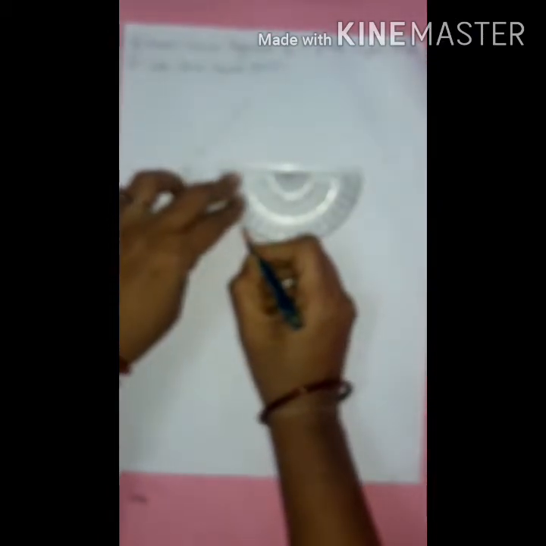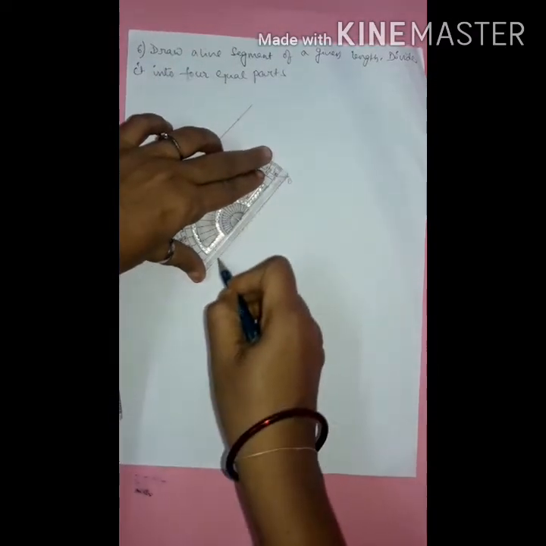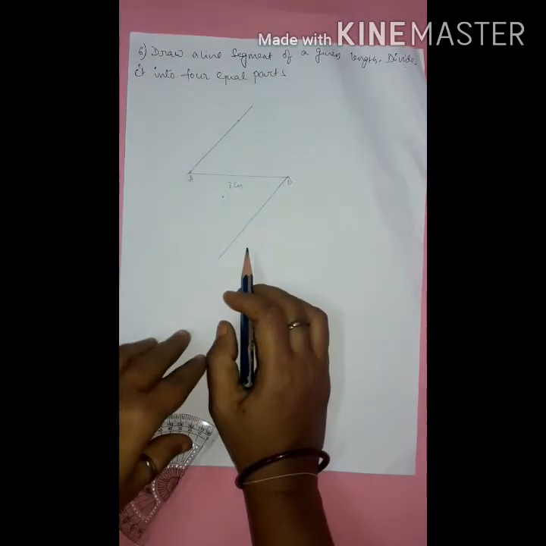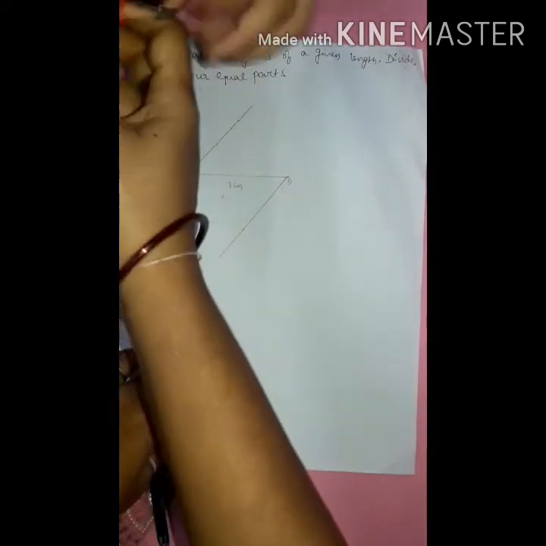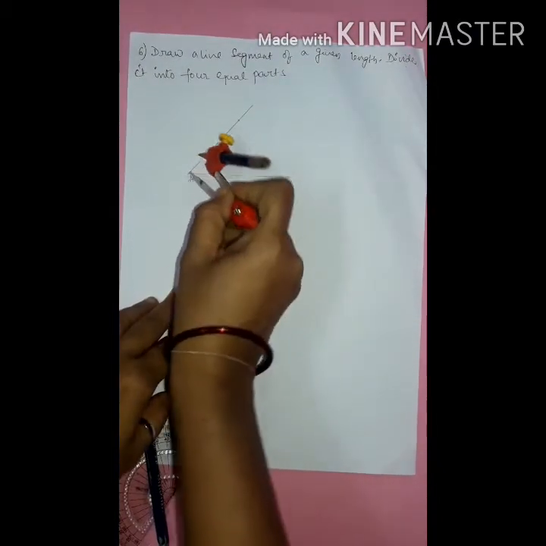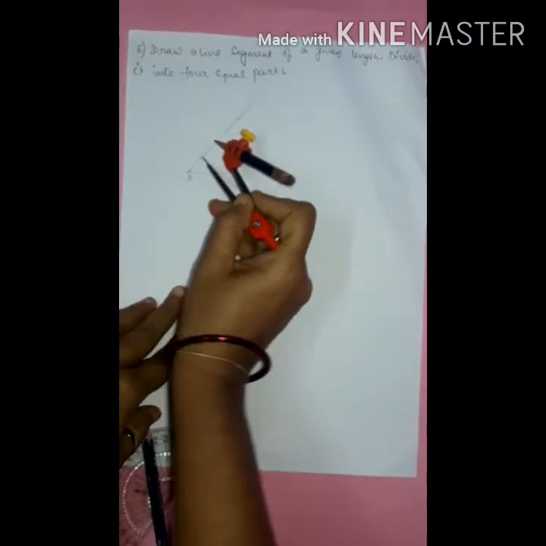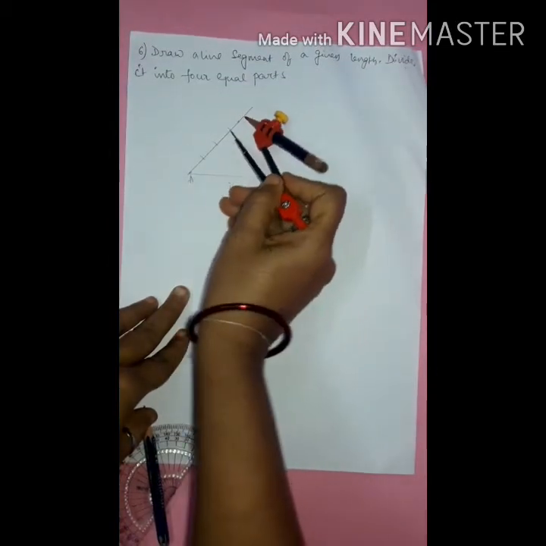So join here. Now take 4 equal parts: 1, 2, 3, 4.